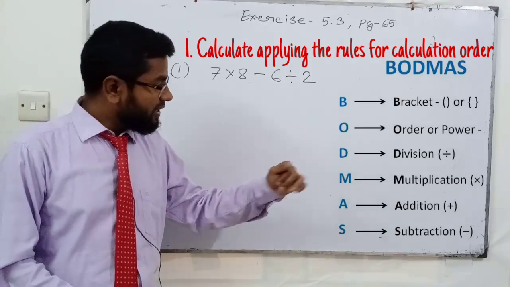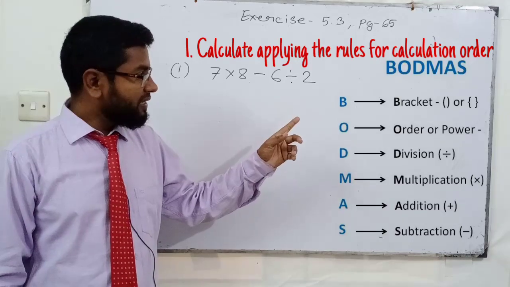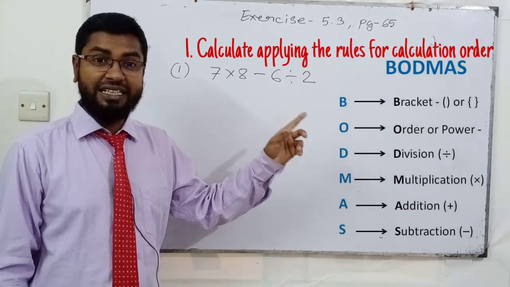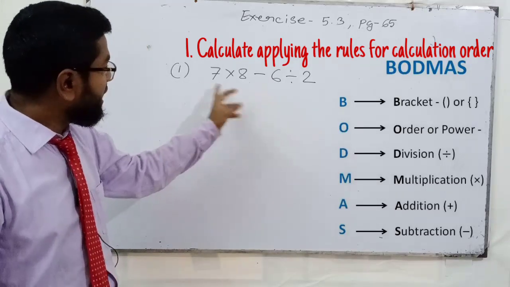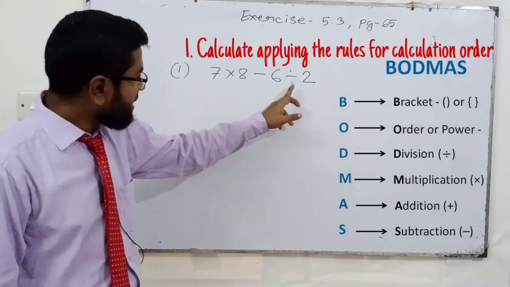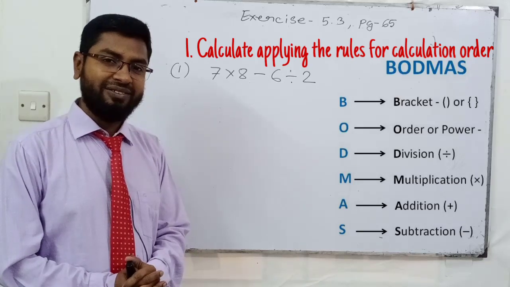So which part is first? Can you say? Bracket, of, division. Look, there is no bracket, so among multiplication, minus and division, which part will we calculate first?